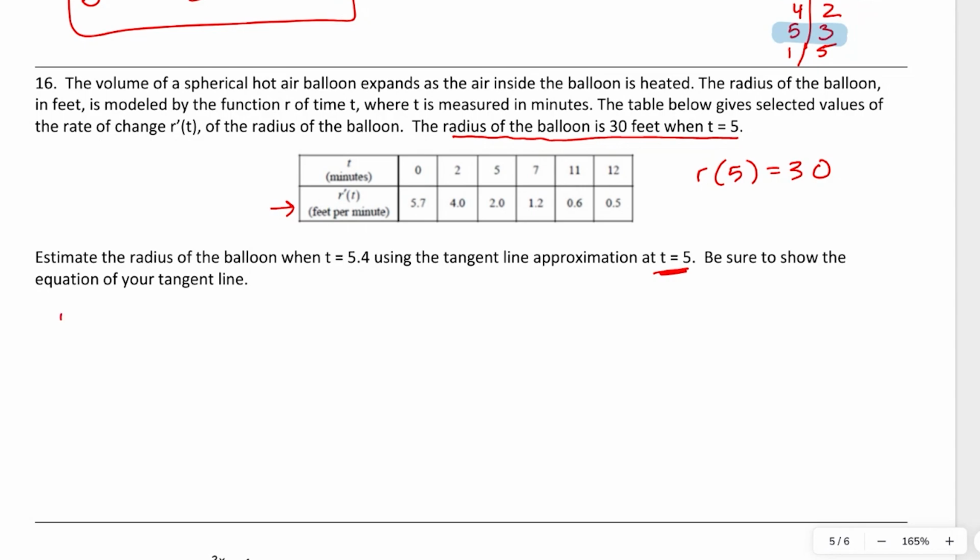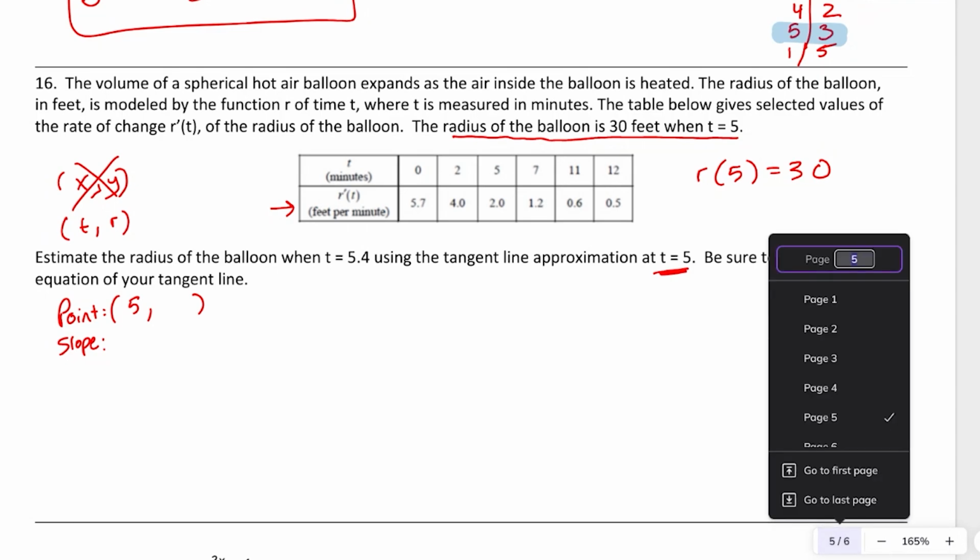Okay, so let's find that equation of the line. We need a point. We need a slope. Now we're not going to use x and y here. We're going to use t and r. So our point is going to be in that t comma r format. When t is 5, we need to figure out what r is.